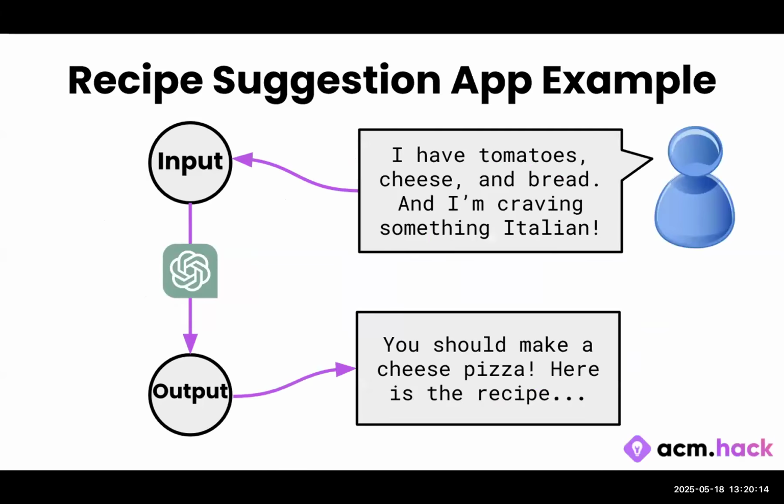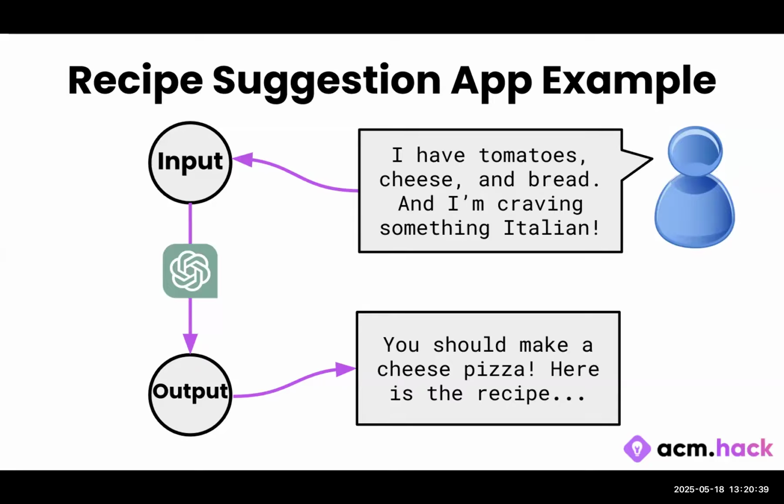A very basic, simple example is, let's say I want to make a recipe suggestion app, and I prompt the user, what do you want to eat today and what do you have? They'd say something like, I have tomatoes, cheese, and bread, and I'm craving something Italian. You'd use that as an input into the ChatGPT prompt, and you might append it with something like, please tell me what I can make with these ingredients and these preferences.